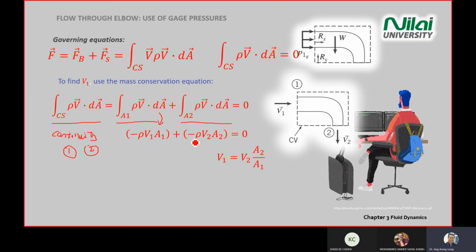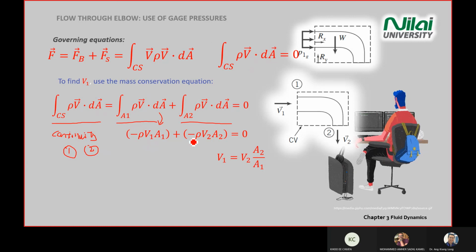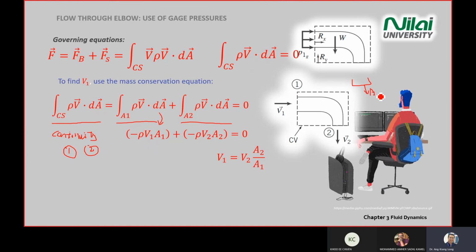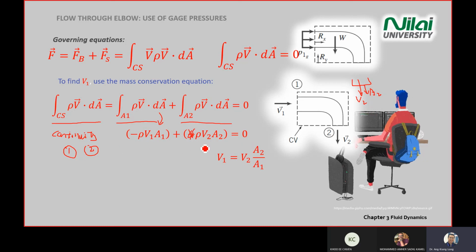V2 should be positive, because if you draw the openings A1, A2, and V2, the product should be positive. So there is no negative here, that's a typo error over here. So there's no negative.